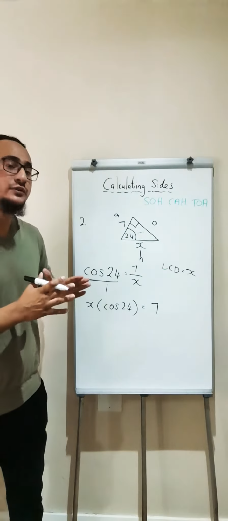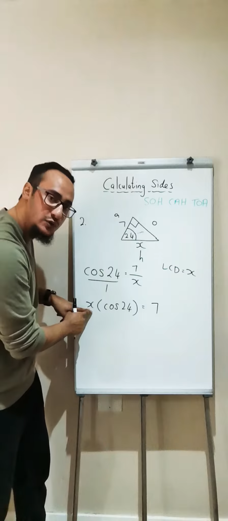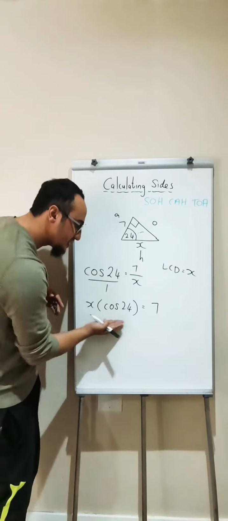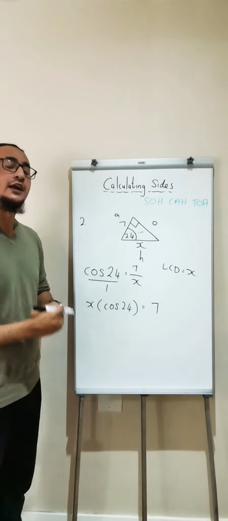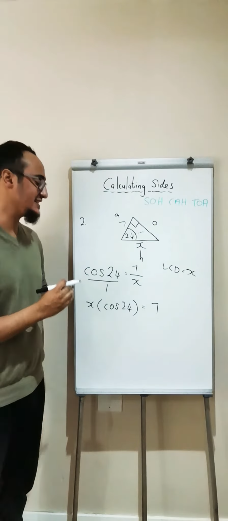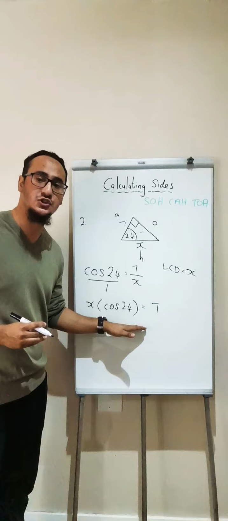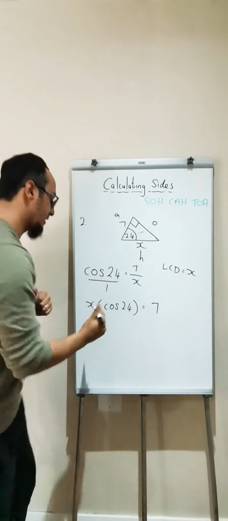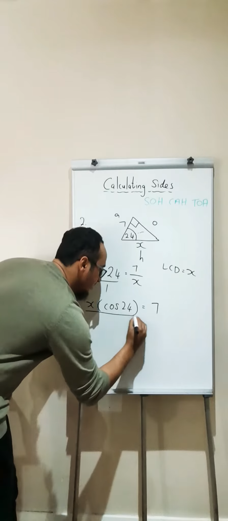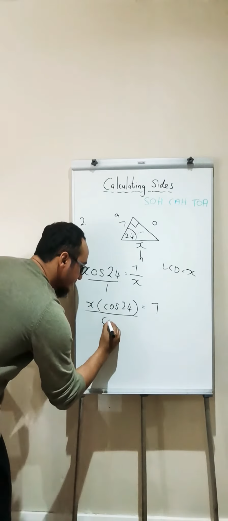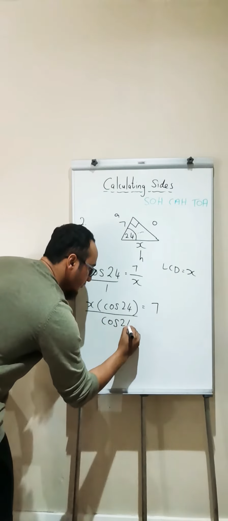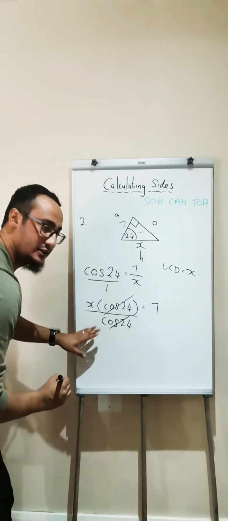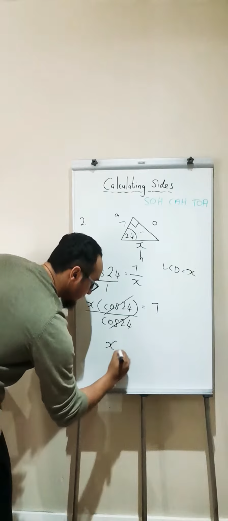Now, very important, remember, I need to calculate x over here, which means I need to get rid of this cos 24. And the only way I get rid of that is if I divide it by cos 24. What I do on my left hand side, I need to do on my right hand side. So in order to get rid of this cos 24, I divide it by cos 24, and this will divide out, and x divided by nothing over here will be equal to x.